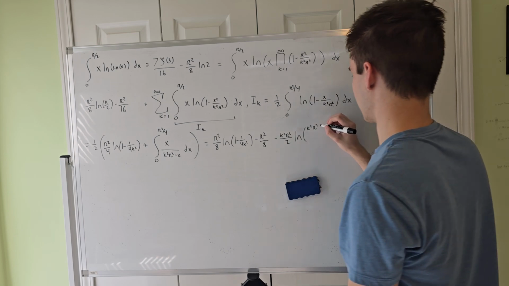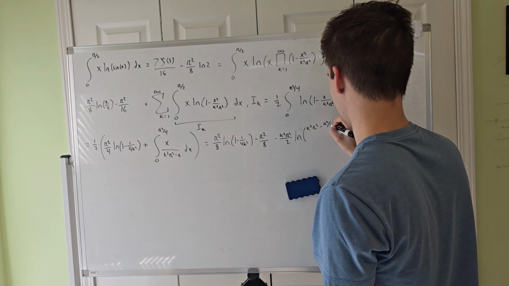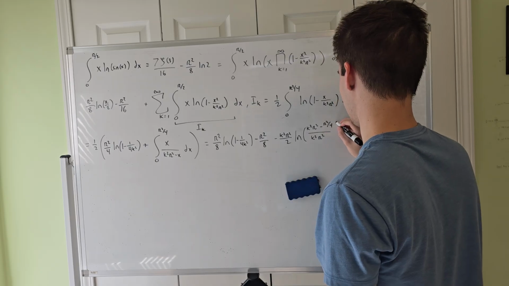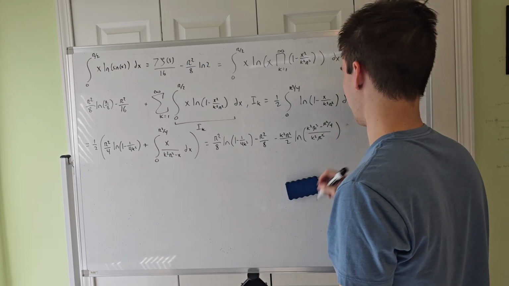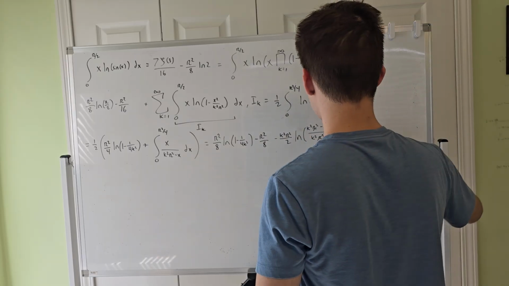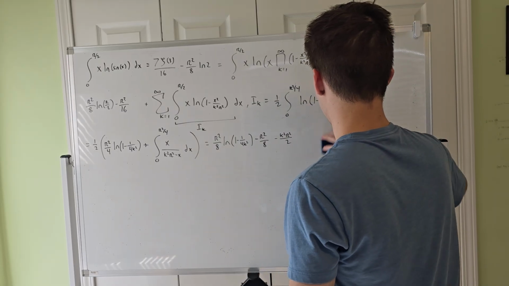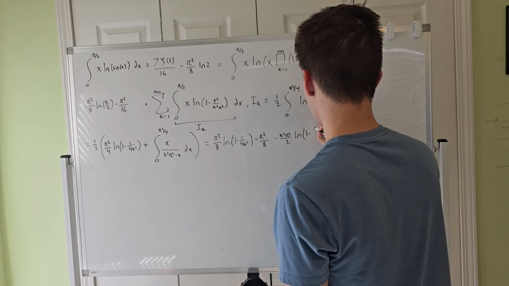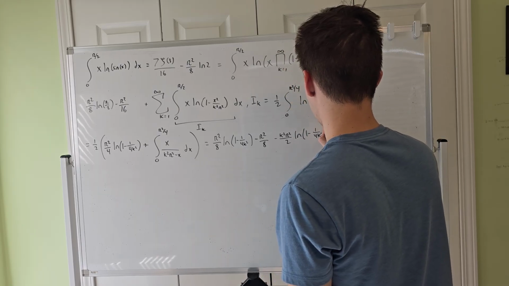At the top bound, this is going to be pi squared over 4. At the bottom bound, x was 0. Clearly the pi squareds go away, and then we're left with k squared minus 1/4 all over k squared. So that's just going to give us another ln 1 minus 1 over 4k squared.